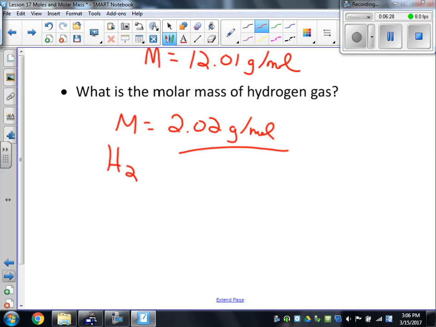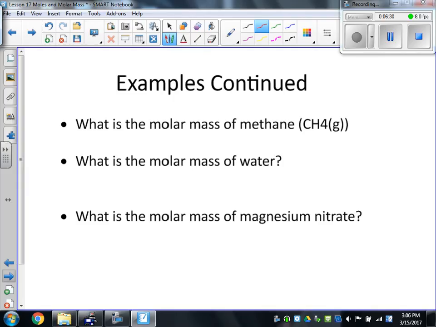Okay, moving on. What about methane, CH4? How am I going to figure that out? What you're going to have to do is add up the individual elements. So how many carbons do I have? 1 carbon.